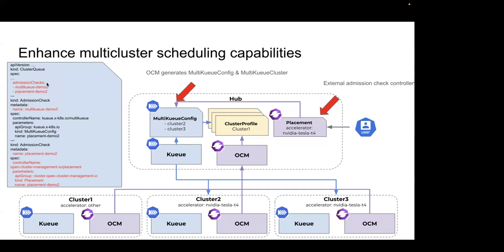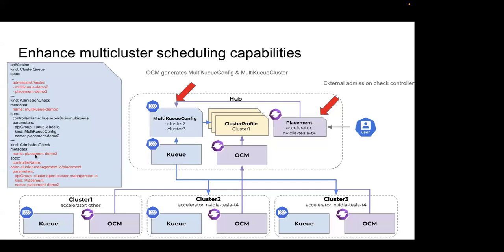For example, this is how they can define their ClusterQueue. They have to define two AdmissionChecks: one is the AdmissionCheck for MultiKueue, and the other is for the Placement. In the MultiKueue AdmissionCheck, they have to define the MultiKueueConfig name, but they don't actually need to define the results because this will be created by OCM.